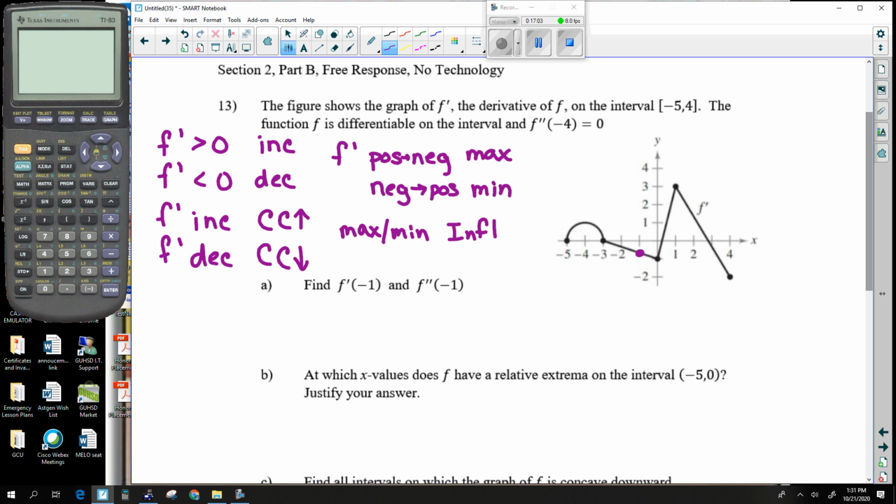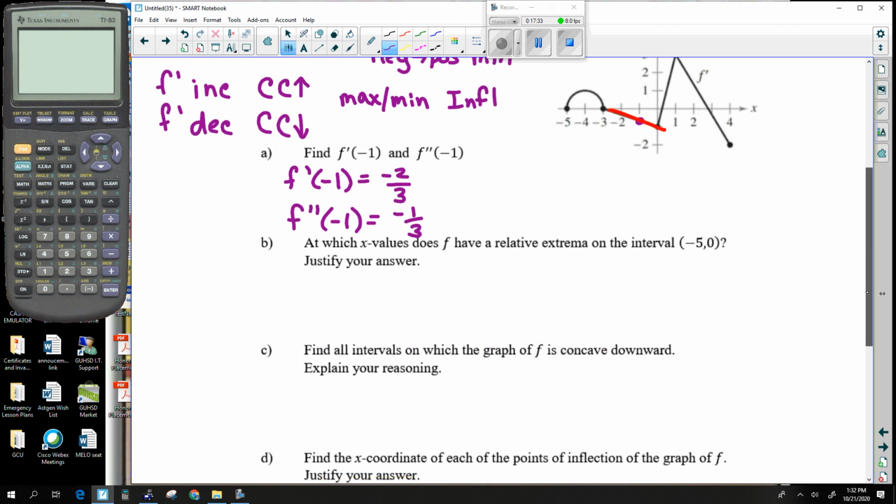So at this point, f prime of -1 would have a value of -2/3. The second derivative, so the derivative of this derivative, is what is the slope? What is that slope? And as I just got done saying, the slope of that would be -1/3. Rise of -1 on 3.